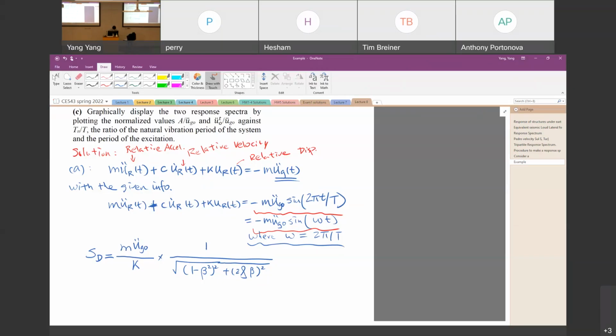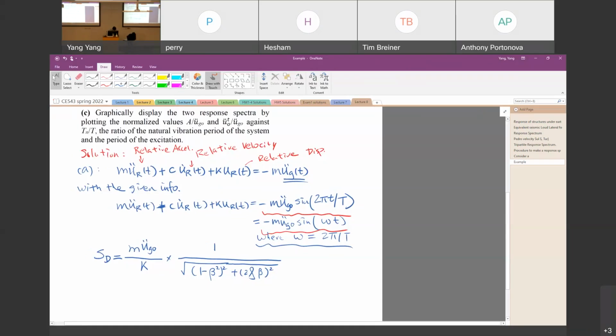So now, we should be able to do this. The amplitude of the ground acceleration over, so what is m over k?